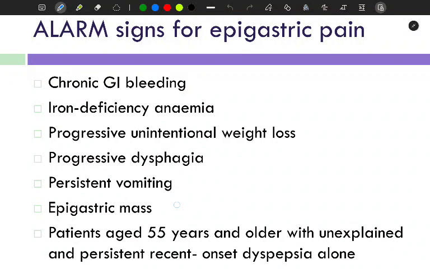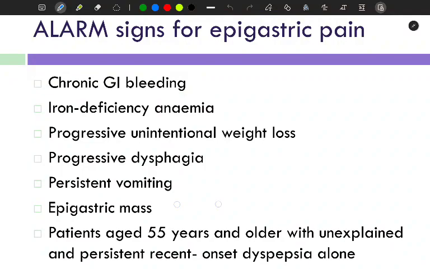It suggests malignancy; it might be malignancy. You should bear that in mind. Once you see a patient with alarming symptoms, don't leave things as they are. You should be worried and concerned.